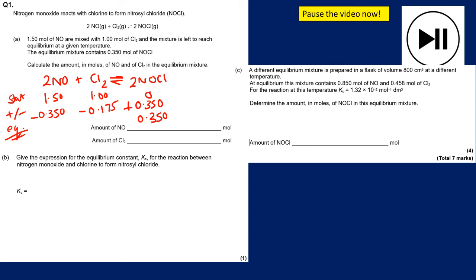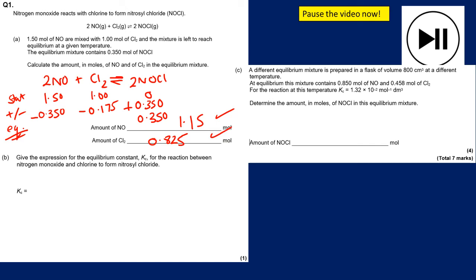Okay, so now what I'll do is find my moles of chlorine, which is 1 minus 0.175. So my moles of chlorine at equilibrium is 0.825. My moles of NO will be 1.5 minus 0.35, which is 1.15. And that's the correct answers for those two.